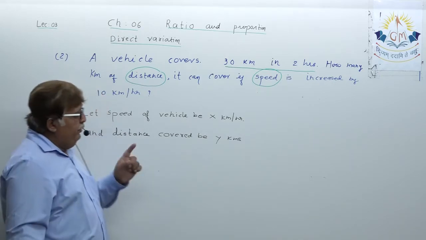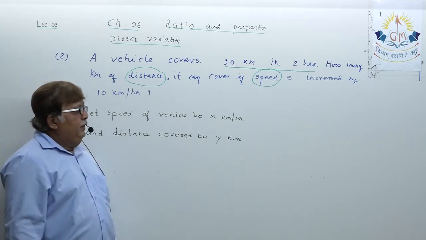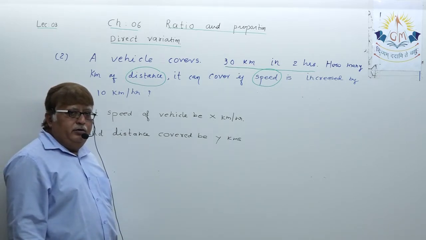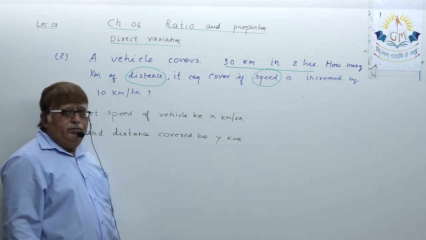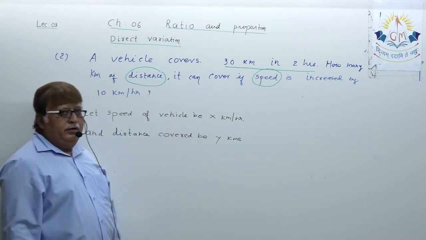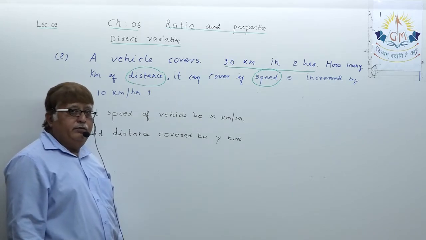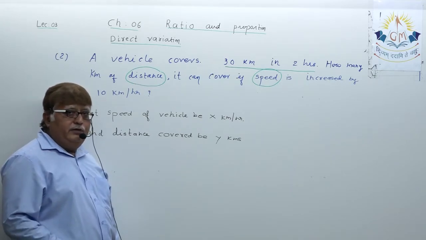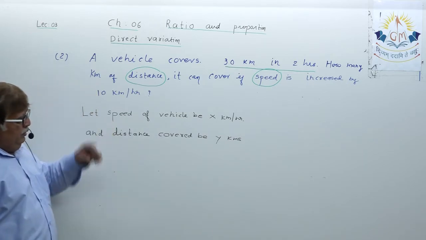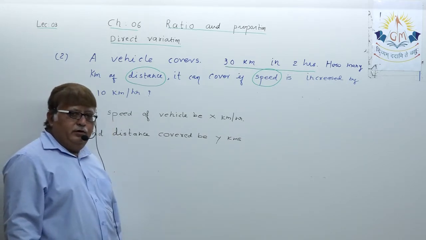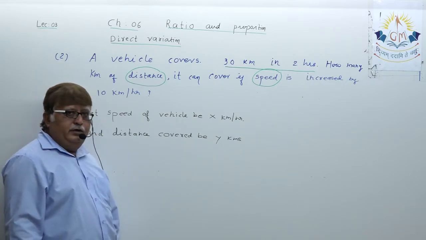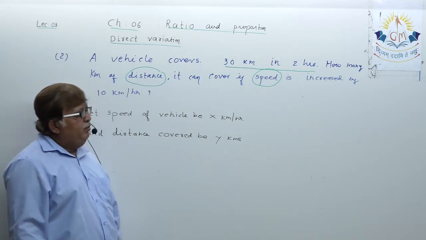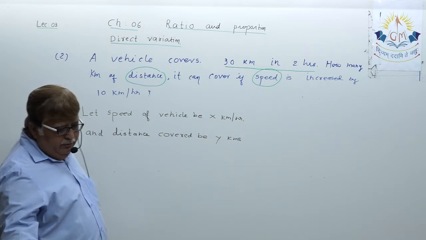This is very important, because from the last statement of the sum you will come to know that there are two varying physical quantities, one might be the speed and one might be the distance. This is the way you first need to catch and understand it. Okay, speed is taken as x kilometer per hour, distance covered is taken as y kilometer. Now, dear student, very important.